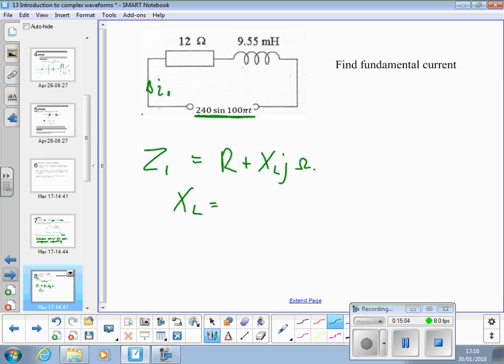XL is equal to, yeah, but we haven't got the frequency in f, we've got it in omega. So we can just go omega L. So 100 pi times 9.55 times 10 to the minus 3.